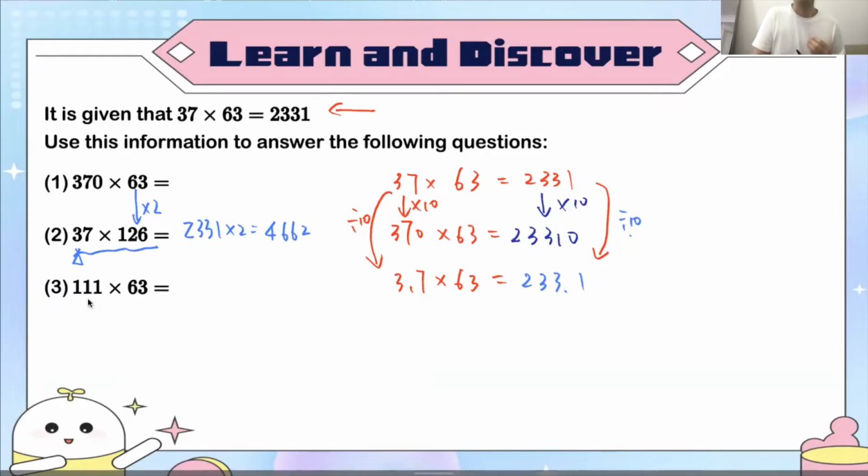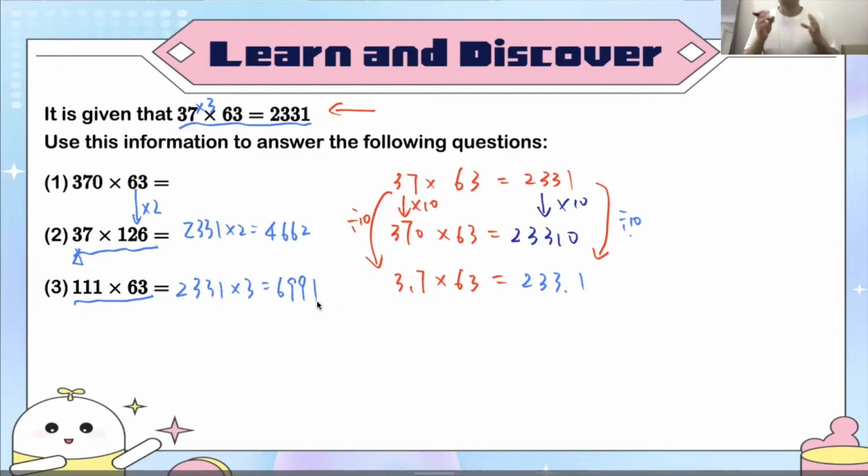The third question should be quite easy for you, right? Comparing with the original equation, we times 37 by 3 to have 111. So to find the result, 2,331 times 3. Oh, sorry, that should be 6,993.